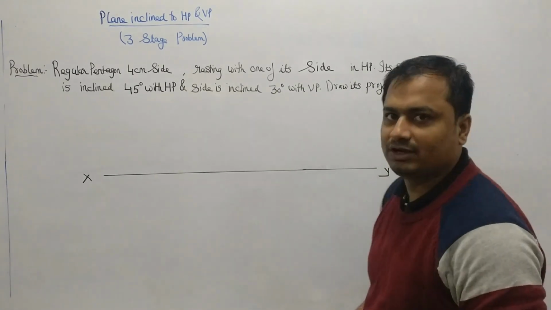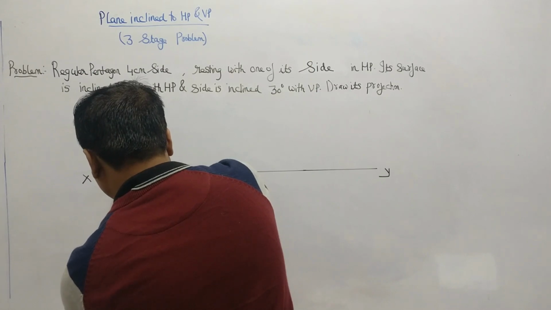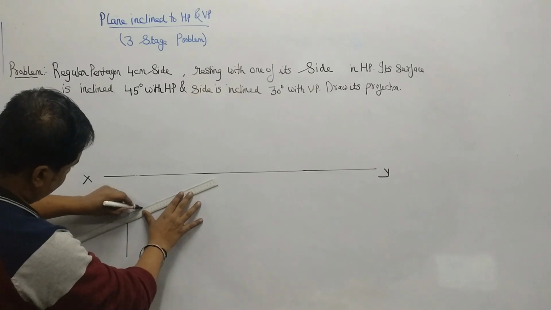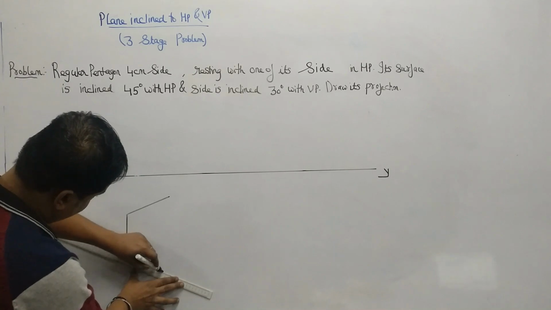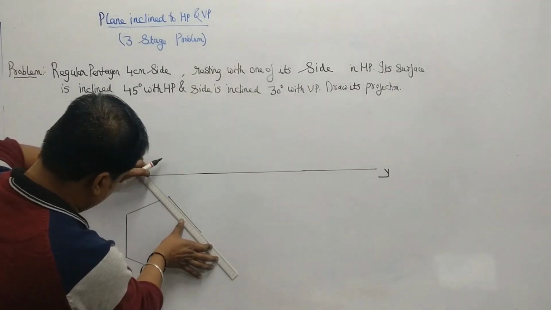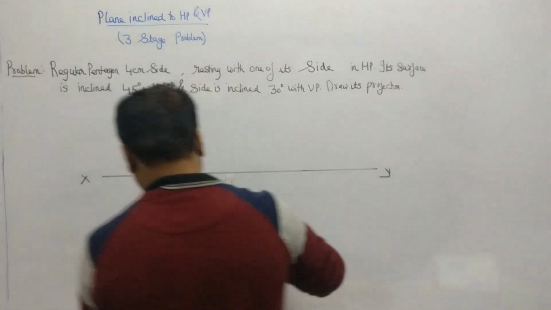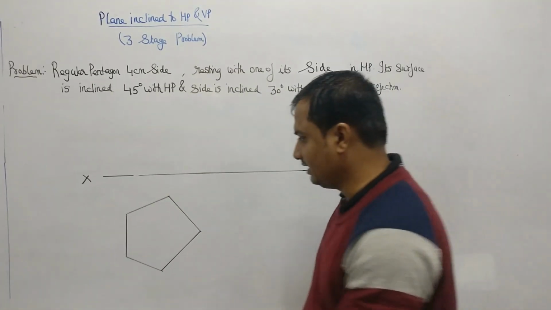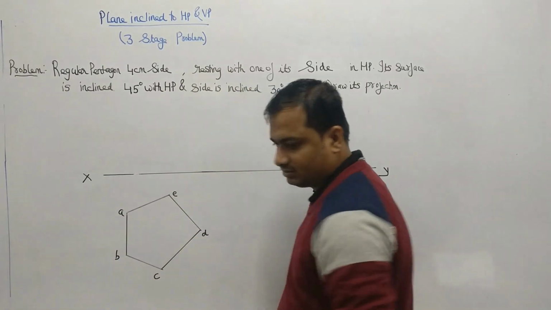The top view will be a regular pentagon, so you have to draw the regular pentagon by means of the instruments. Suppose this is a regular pentagon of side 4 centimeter. This is the true shape. The naming will be A, this is B, this is C, this is D, and this is E, because this is the top view.